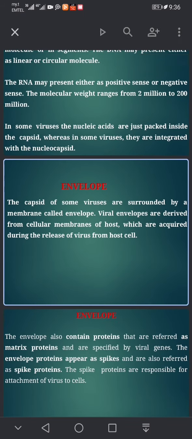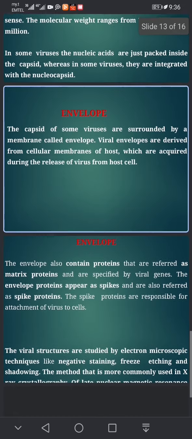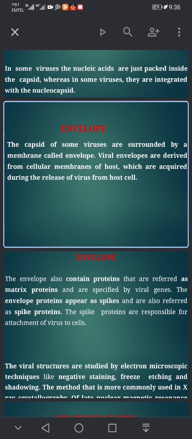The next slide, we will talk about the envelope. A virus may be enclosed in an envelope-like structure called a membrane. The virus has an outer layer called the envelope membrane.